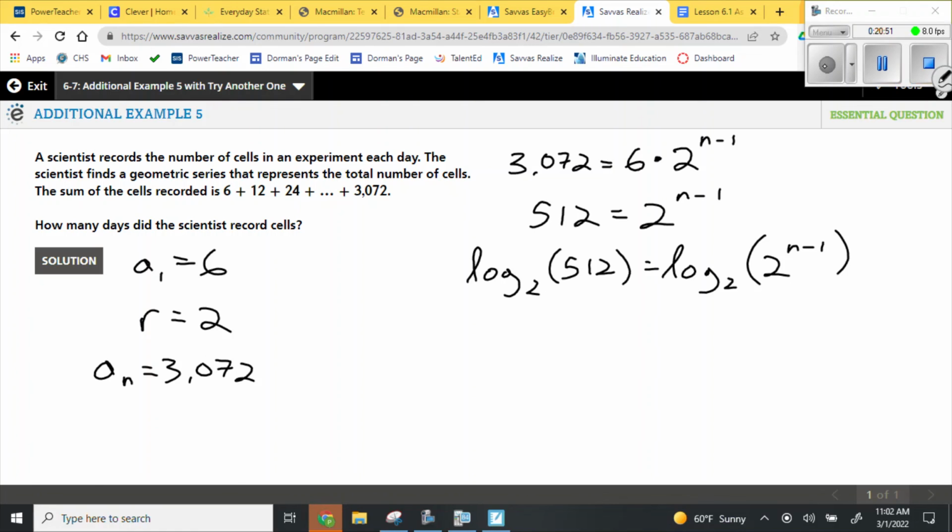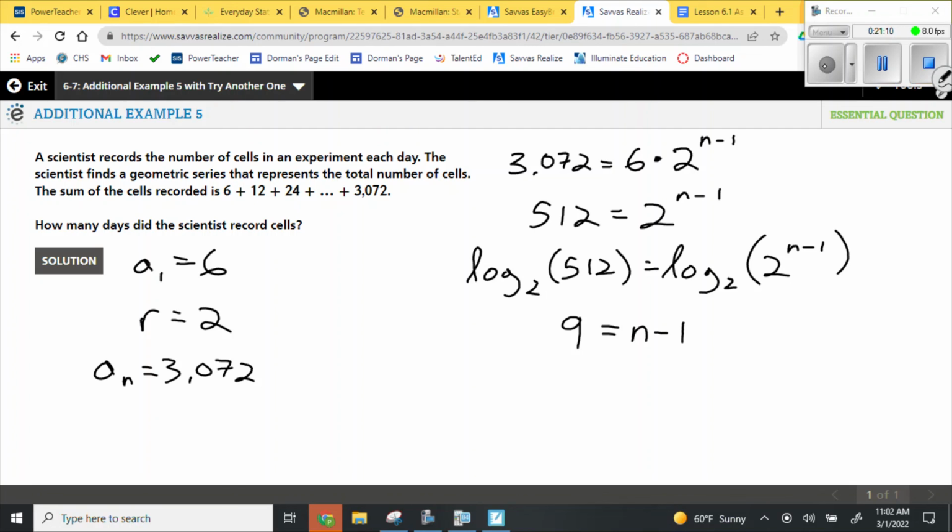Let's actually go ahead and take log base 2 of 512. It turns out that is 9.